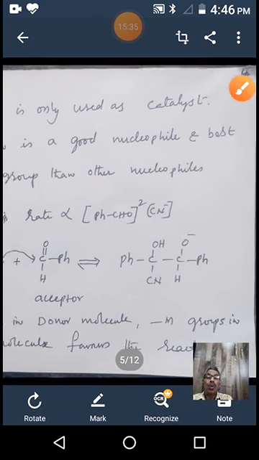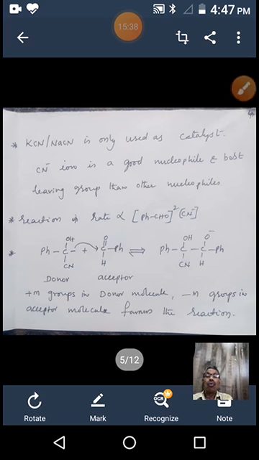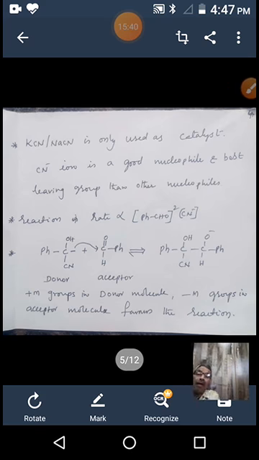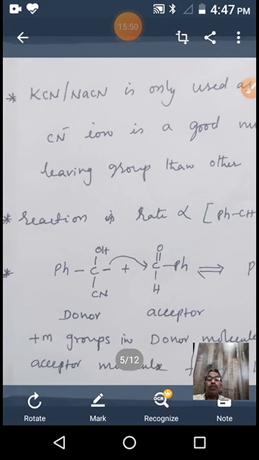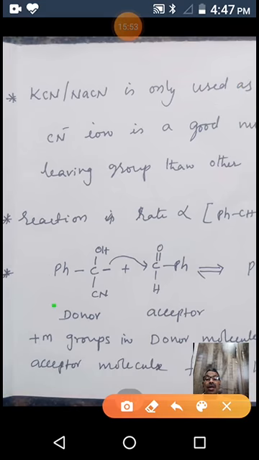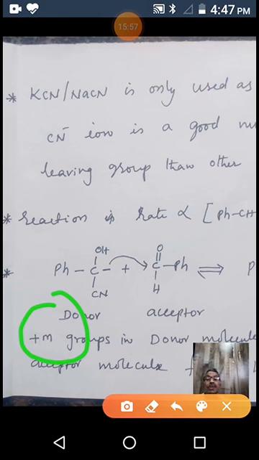So, okay, one more thing. Carbanion is more nucleophilic when the benzene group contains a plus M group. So electron releasing groups like plus M or plus I groups in the benzene molecule generally favor the reaction.